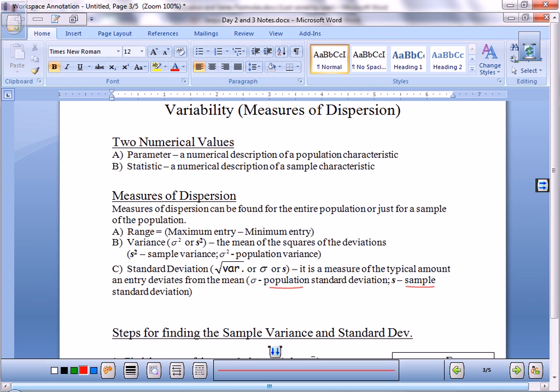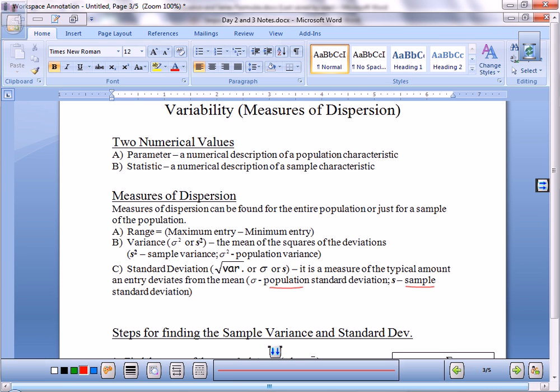Now statistics are extremely valuable because a lot of times it's hard to get data on an entire population. Some vocabulary in the measures of dispersion: dispersion can be found for an entire population or just a sample, and we're going to talk about what we would do to find both. Range is the one we learned in elementary school. It's just the max minus the min. Variance: you would use variance more if you took another statistics course, possibly in college, or if you plan on taking AP statistics here.